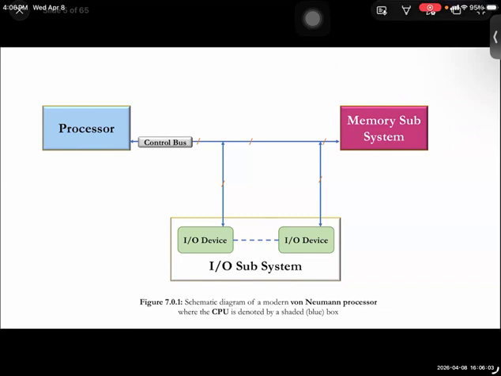There will be control buses, which we call the control data path, connecting the processor, the memory component, and the input-output subsystem. Another one is the address buses, or address data paths, which carry the address of the operand in any operation.